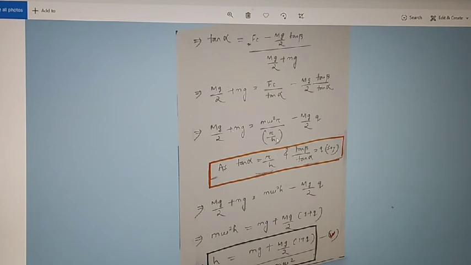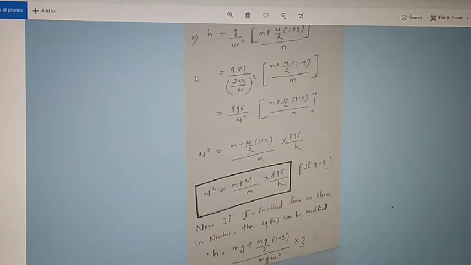We put the value of tan alpha equal to R by H, and tan beta by tan alpha, which we have given here as Q. If we put all these values, we get an expression like this: H is equal to mg plus capital Mg by 2 into 1 plus Q, divided by m omega square.